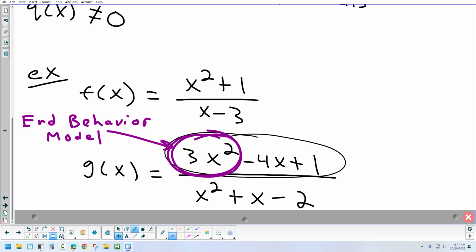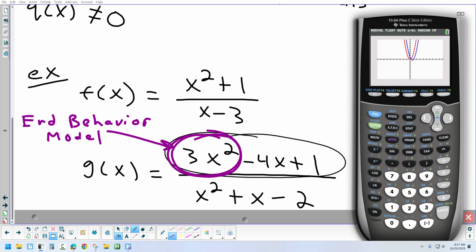It's called the EBM. Basically, it describes what the ends of the function are doing. In the original function, that was the one in blue, it's going up on the left and it's going up on the right. And that's exactly what the red one is also doing. It's going up on the left, up on the right.